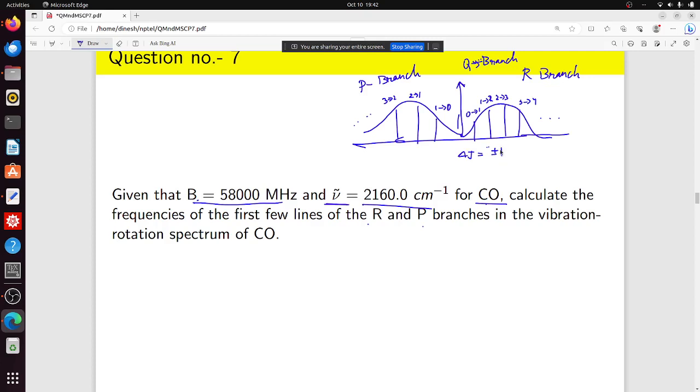So on the right hand side delta J is plus 1 and on the left hand side delta J is minus 1. Okay, so we need to calculate the frequencies of a few lines towards the R branch and P branch.